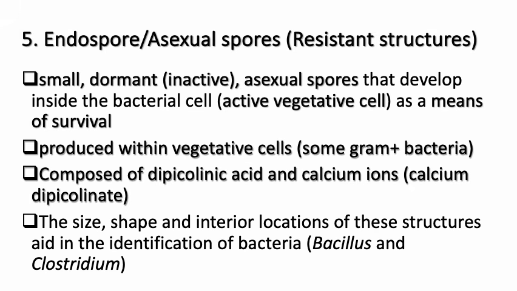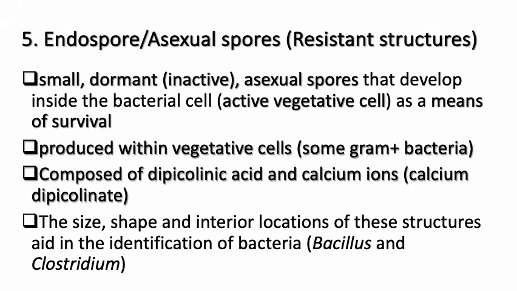And then when favorable conditions are back, these spores can germinate, and it turns your bacteria into the vegetative state again. Typically, endospores are produced by some of your gram-positive bacteria, and mainly composed of dipicolinic acid and calcium ions.